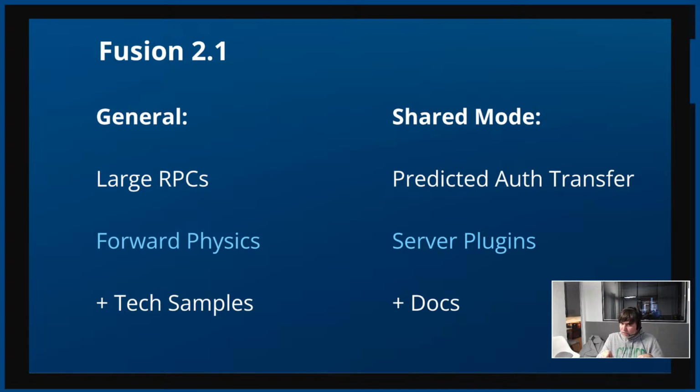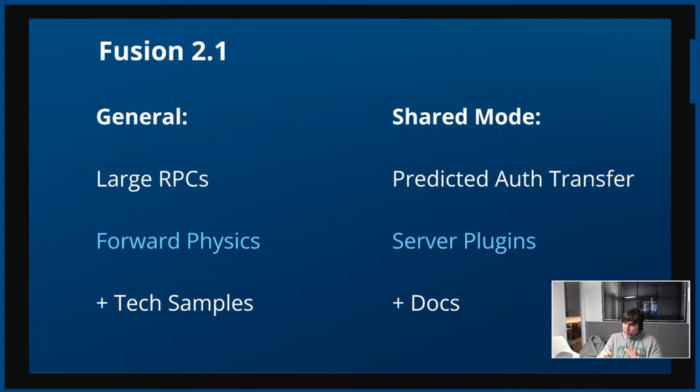But the biggie here is the fact that we're finally making available server plugins for shared mode. So for people who want to do cheat-proof games, I mean competitive games that you really need to make cheat-proof, you either go for Fusion dedicated server or you go for quantum due to determinism.